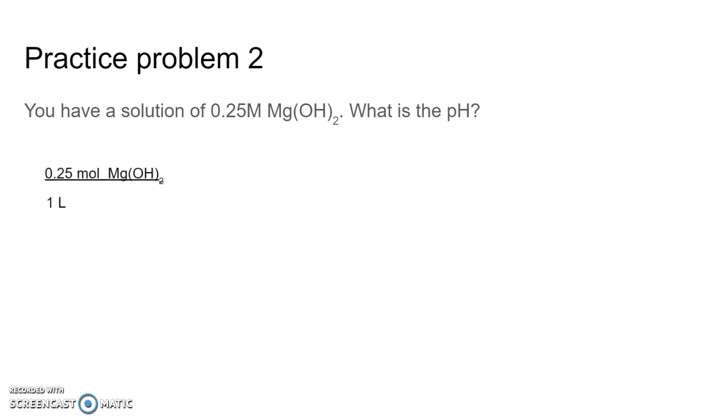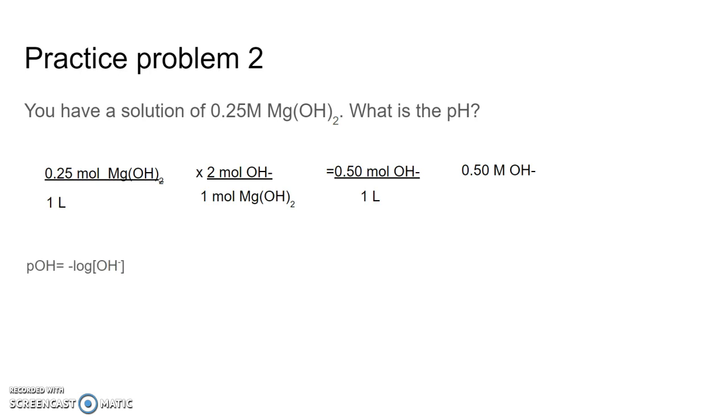All right, so I'll take the molarity, and I'm going to convert it into moles of hydroxide ions, because that's what I truly care about when I'm doing this. So I convert it into the moles of hydroxide ions. Okay, so that's my molarity of hydroxide ions. Cool. So then I'm going to use my pOH equation, the negative log of the hydroxide ion concentration.